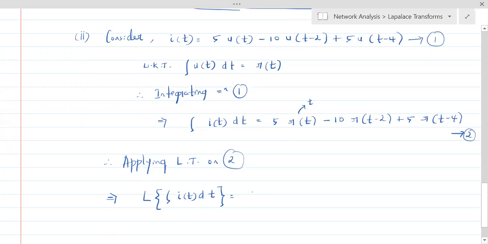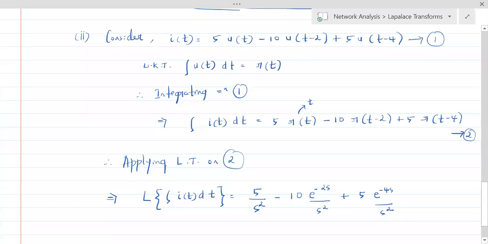So it is 5 by s square, since the Laplace transform of t is 1 by s square. For r of t minus 2, this is a shifted version, so you will have e power minus the shift into s, divided by s square. Similarly, plus 5 e power minus 4s by s square.